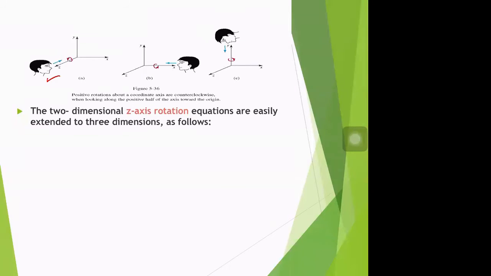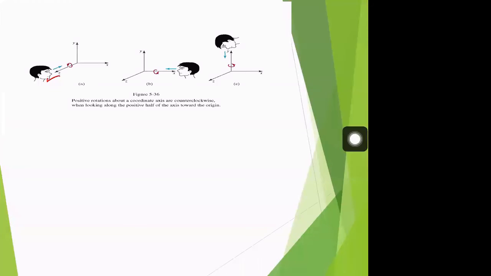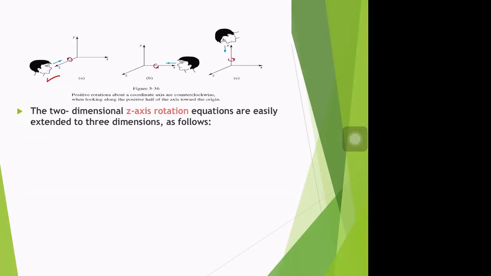Whenever the rotation is with respect to the z-axis, it is the two-dimensional z-axis rotation. So I will have my x dash, y dash, z dash.